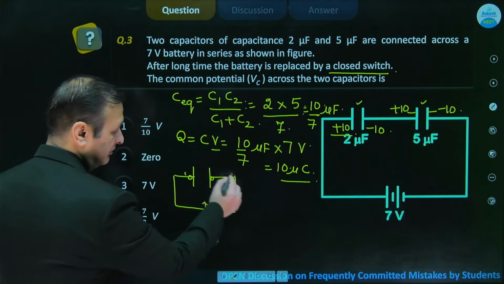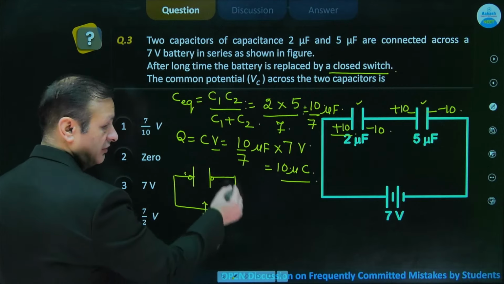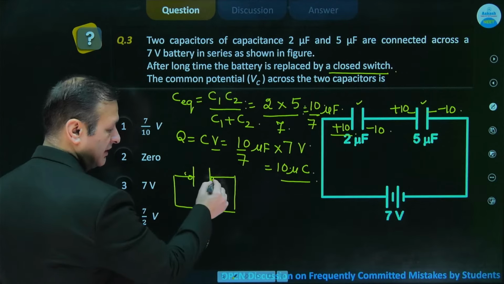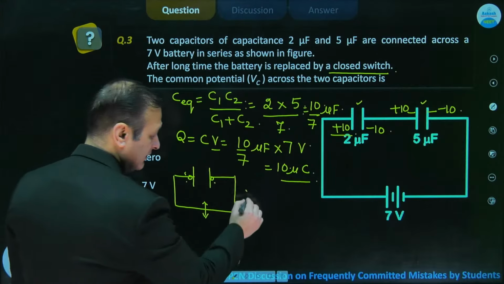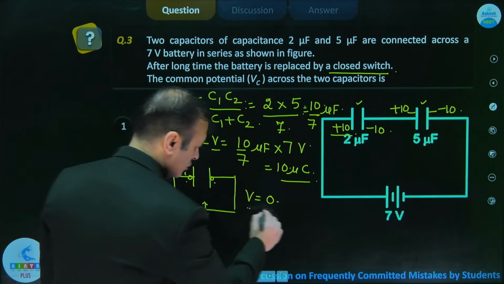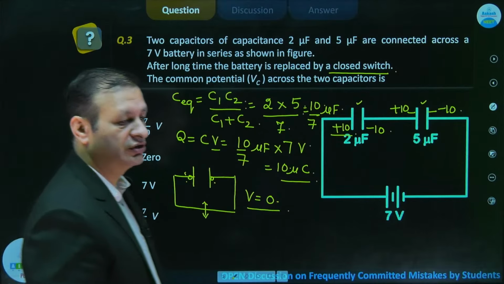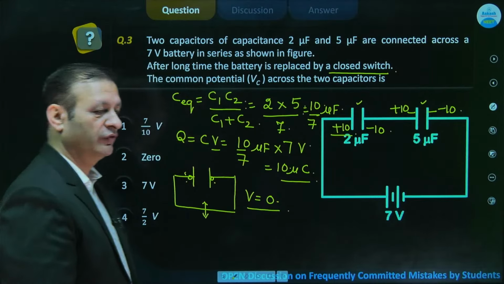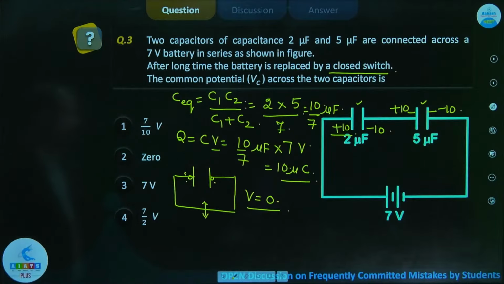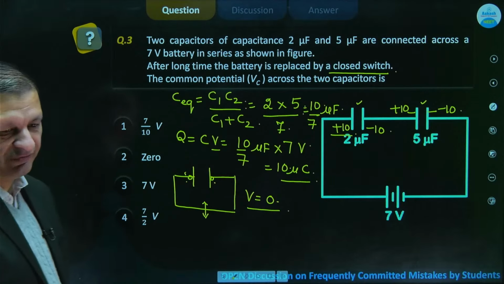So short circuiting will lead to the zero charge finally, because minus 10 and plus 10, and the potential would also be 0. So this is the condition you have. Any doubt from this part? Answer is 0. Very fine.